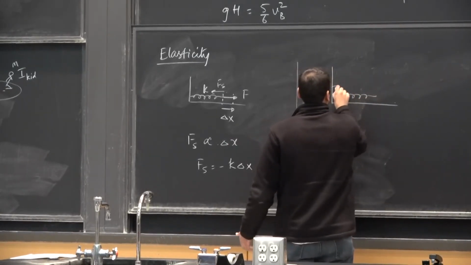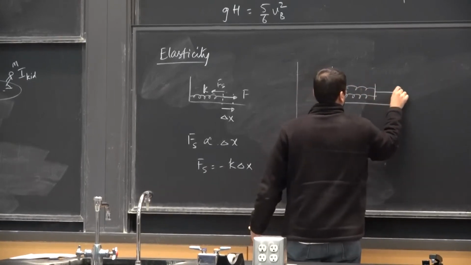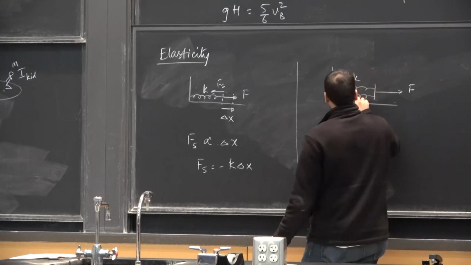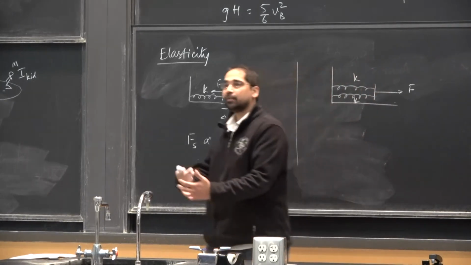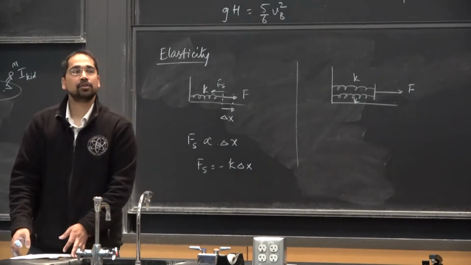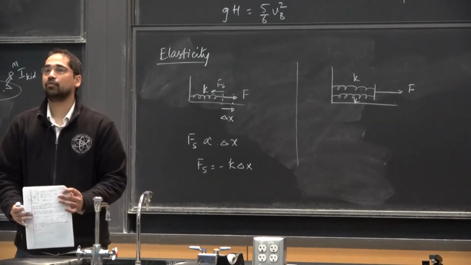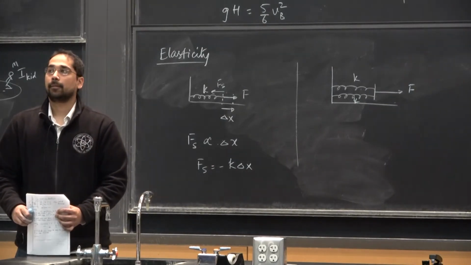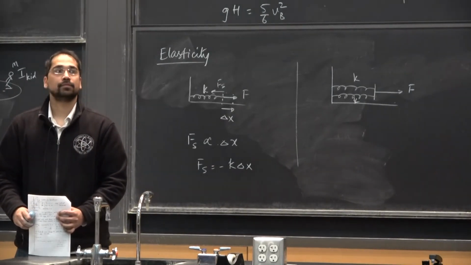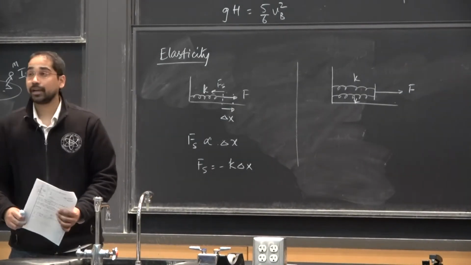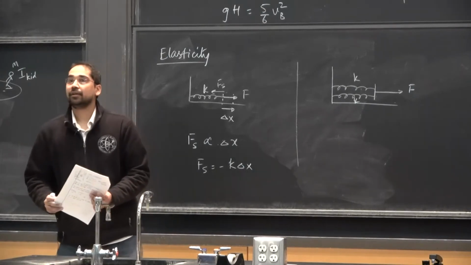Now let's say I have two springs, both spring constant K. What would happen if I apply the same amount of force F? Would I be able to stretch them the same distance, or would it be more? Would it be less? It would be less, right?